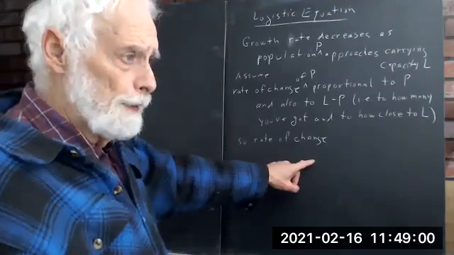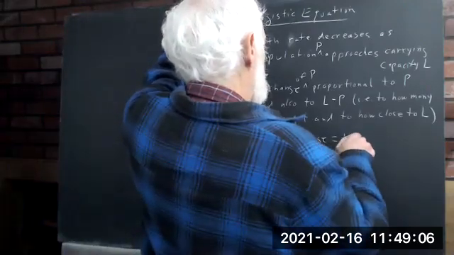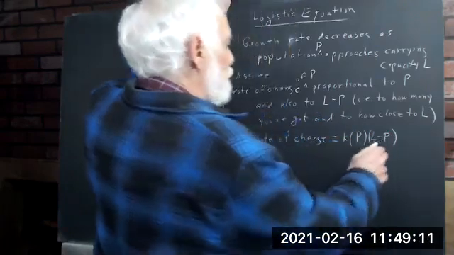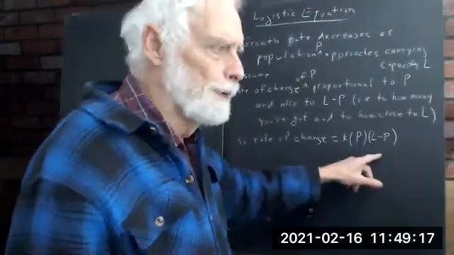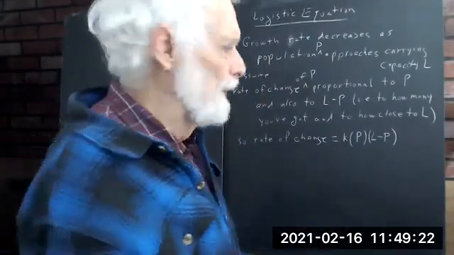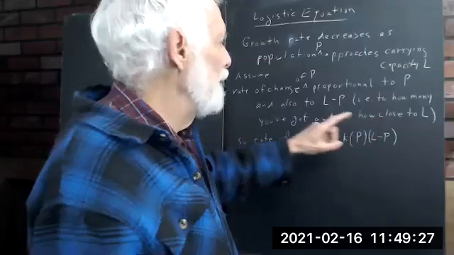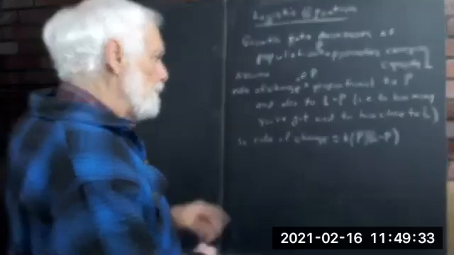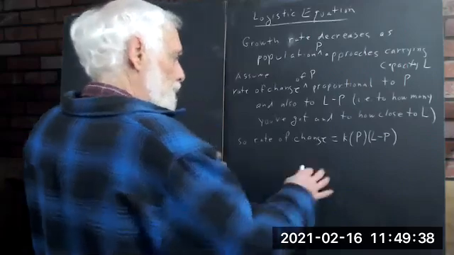Anyhow, rate of change varies as P and L minus P. So you're proportional to P, and also to L minus P, you're proportional to the product of P and L minus P. Really, if I use the right terminology, I would say the rate of change of P varies as P and L minus P. But I'm going to stick with the terminology I'm using, maybe for no good reason.